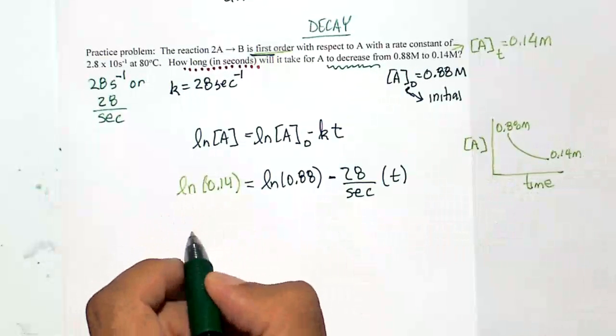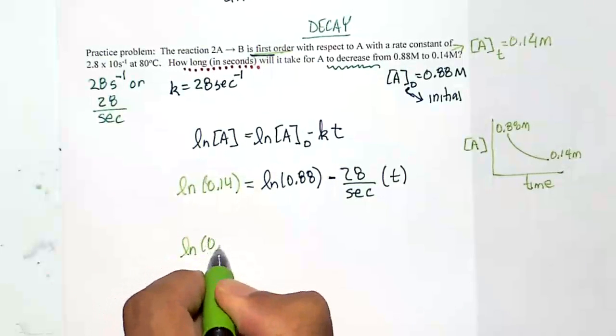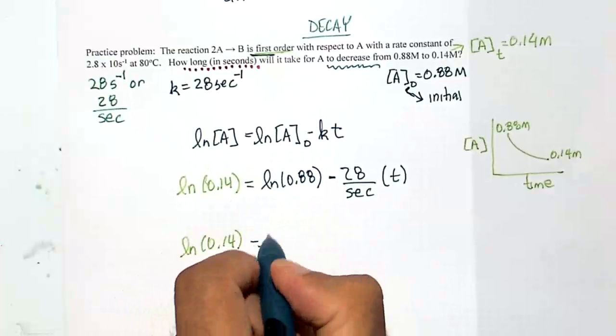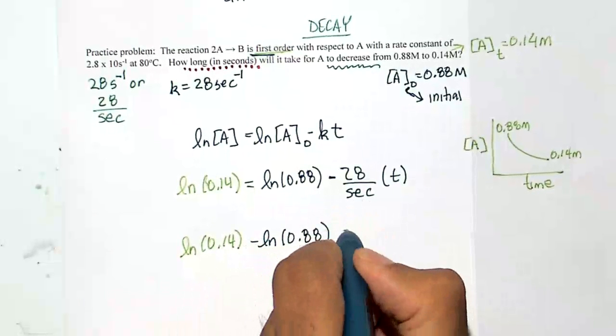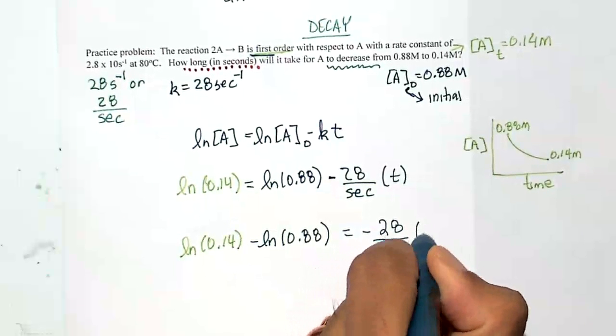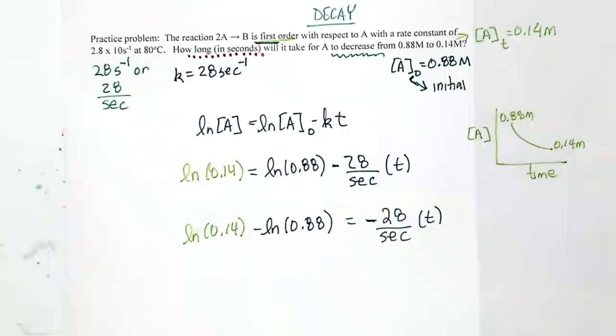All right, so let's isolate t here. To do that, it's going to be the natural log of 0.14 minus the natural log of 0.88 equals minus 28 over seconds times t. So natural log of 0.14 minus natural log of 0.88.